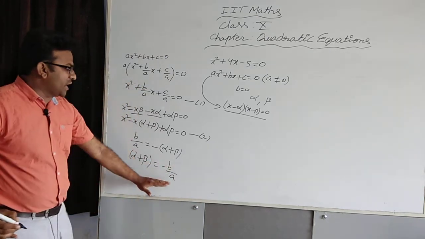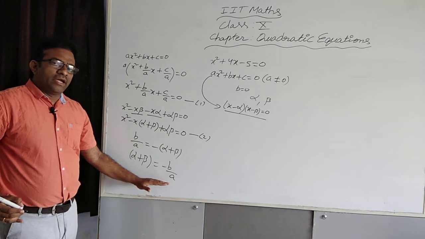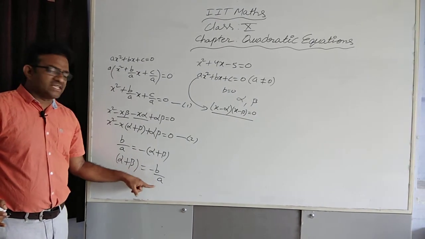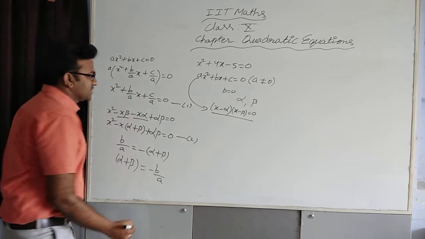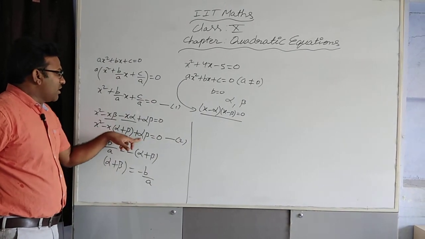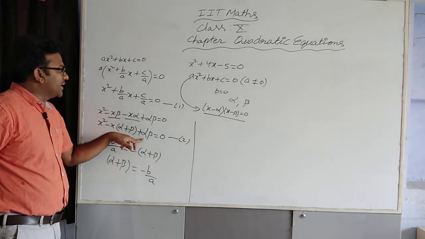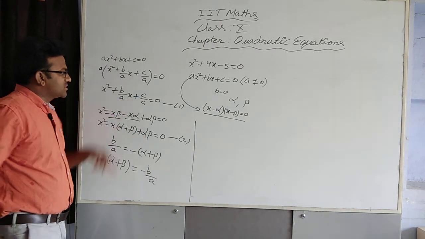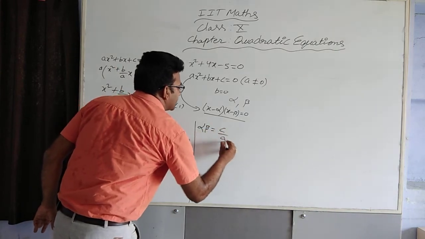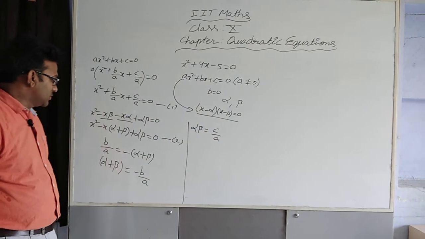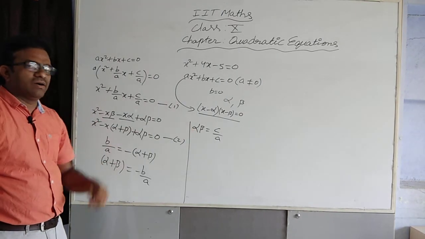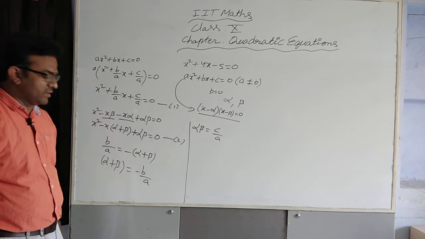In a quadratic equation, the sum of the roots is equal to minus b by a. Next, alpha into beta: comparing the constants, alpha into beta is equal to c by a. That means the product of the roots. So alpha plus beta is the sum of the roots, and alpha into beta, the product of the roots, is c by a.